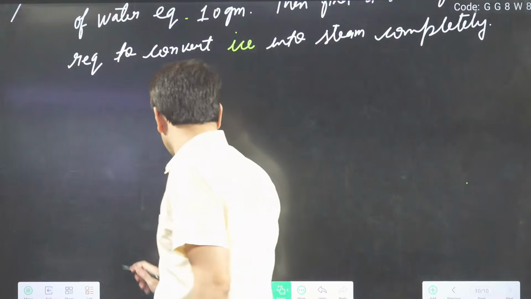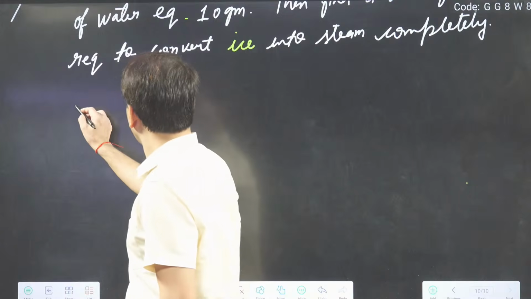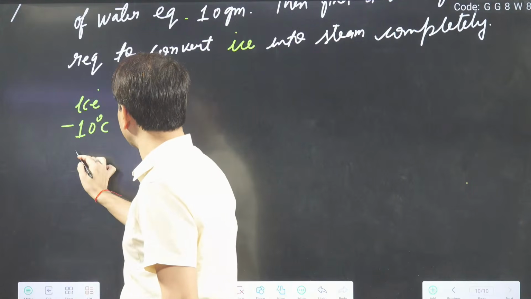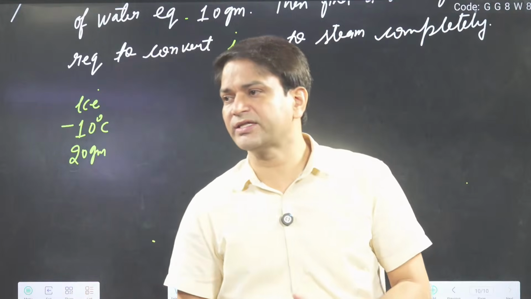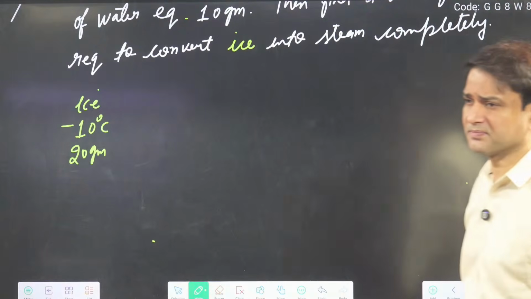So first, what I gave: ice we have at minus 10 degrees C. How much mass I gave, 20 gram. If I start heating, what will happen first? Ice will start melting?